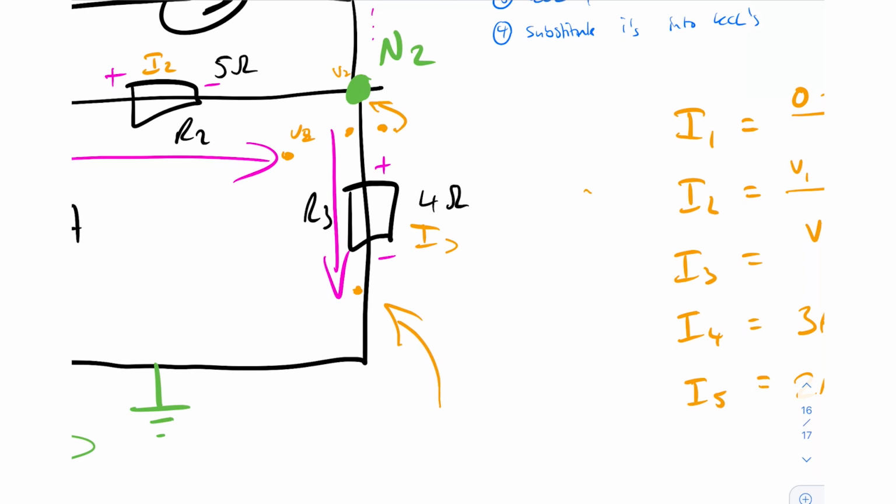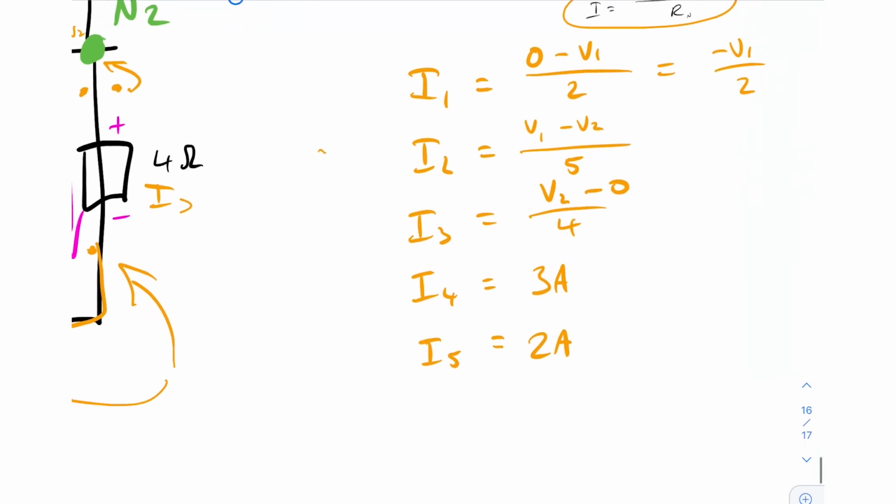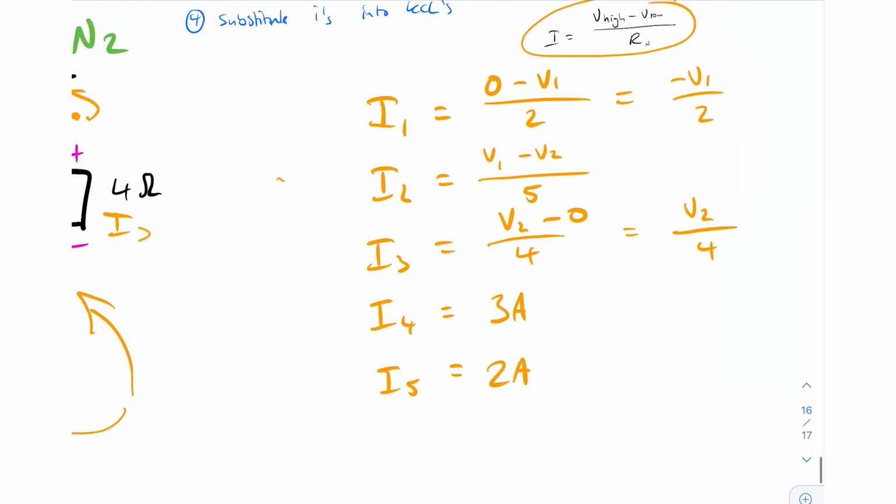We know this value here because it's equal to that. These are going to be the same value since there's no voltage drop across here. So V2 minus 0, or you could just say V2. All of that divided by the resistor value, which is 4 ohms. So you could just say I3 is equal to V2 divided by 4, sorry. And that's it. Now we have all of our current equations, and we finished step 2.